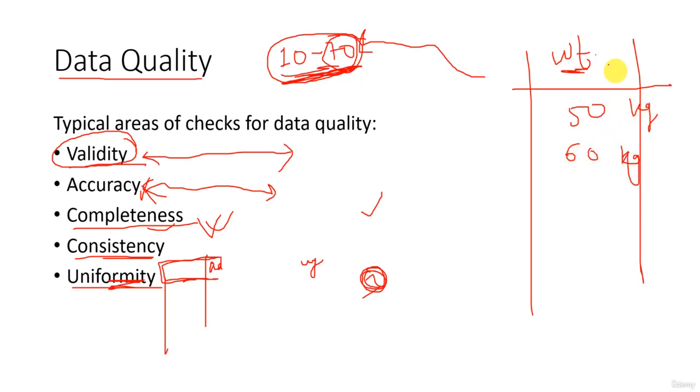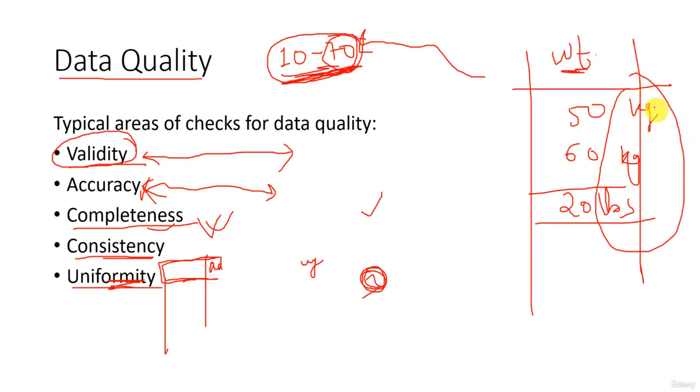This is the unit of weight. And within this same column, I have another weight which is measured in pounds. Now you can see it is not uniform. Some of the units are in kgs and some are in pounds. So you can see the difference in units, and that is what non-uniform data means.